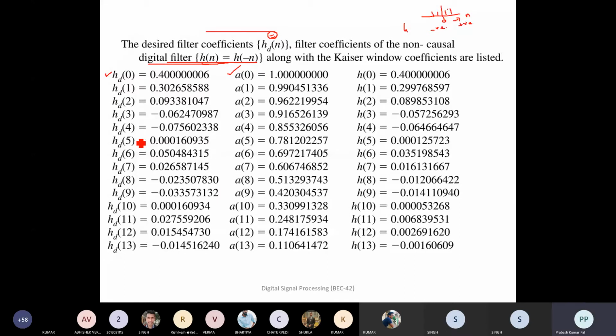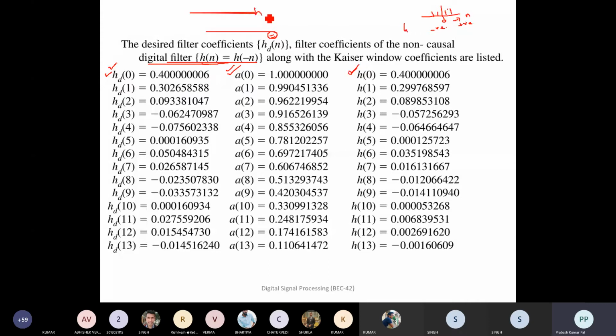And the same way we will be finding the Kaiser window coefficients. Okay, and after multiplying these two, we will be finding our final response. This response will be the impulse response of the digital filter that we should be designing for the given specifications. Okay, so by finding the hd of n coefficients, and by finding the coefficients of the Kaiser window, we have to multiply these two to find out h of n.